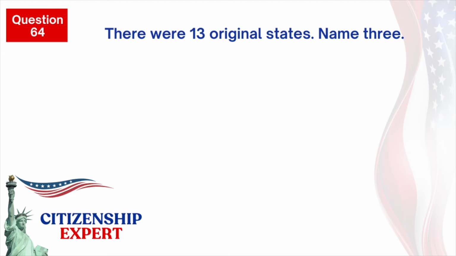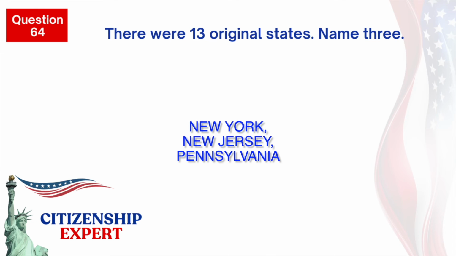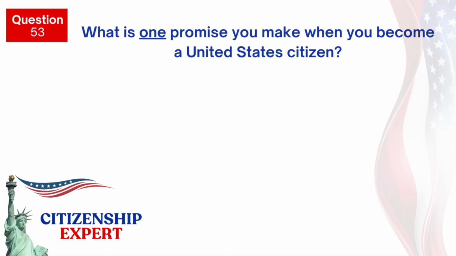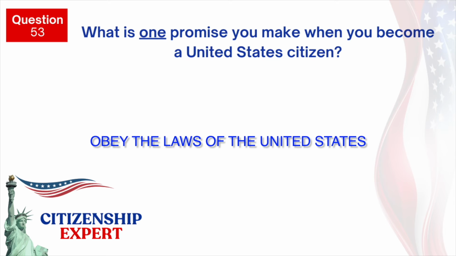There were 13 original states. Name 3. New York, New Jersey, and Pennsylvania. What is one promise you make when you become a United States citizen? Obey the laws of the United States.